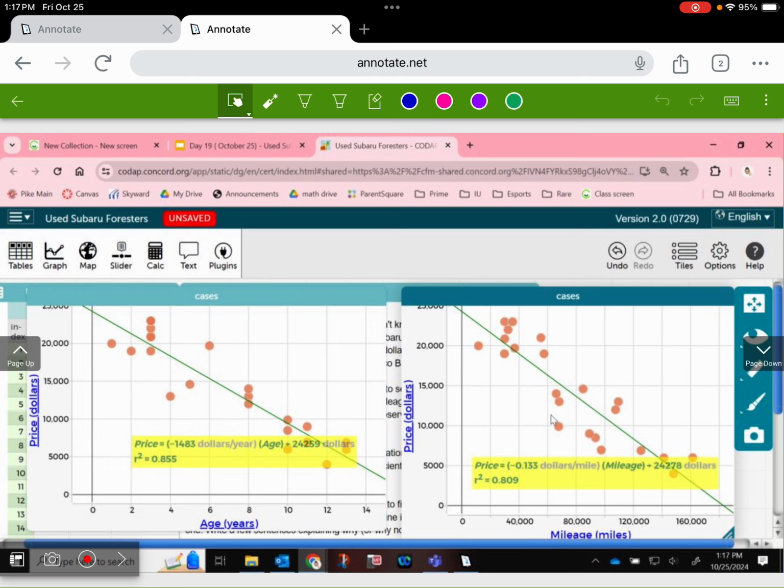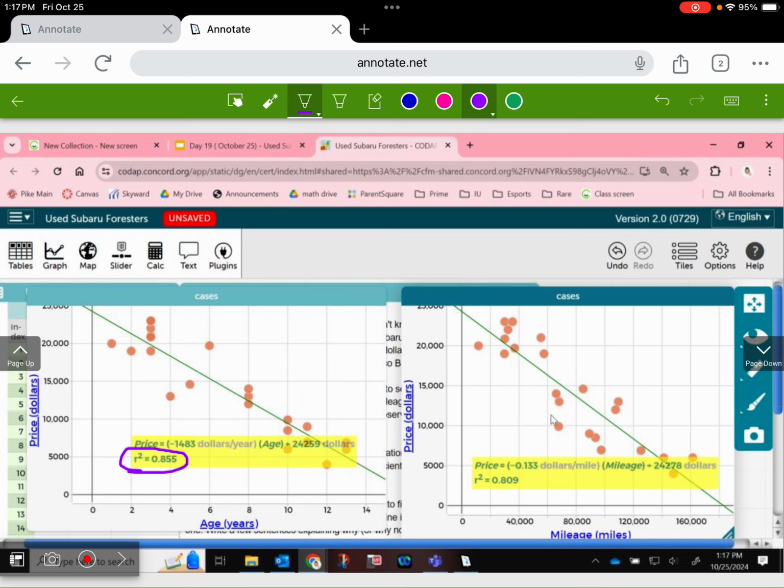Which one of these relationships is stronger? This one? Yeah, how do we know that this one's stronger? Because my R squared is closer to 1. The closer it is to 1, the stronger the relationship.